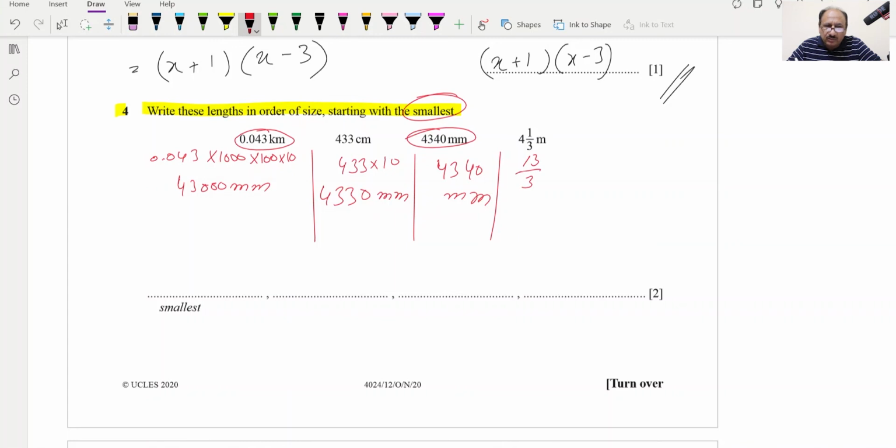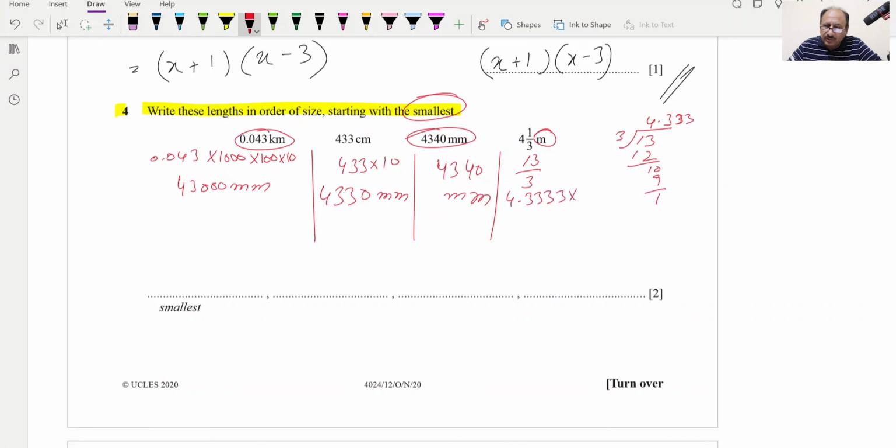So we can convert, basically we can divide 13 by 3, so it will be 3 4s are 12 and 1, and then decimal, so 4 3s are 9, 3 3s are 9, so it's continuing like recurring, so we will get 4.3333 like that one, and we'll have to multiply to convert meters into millimeters.